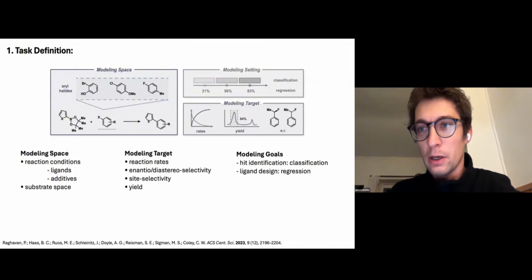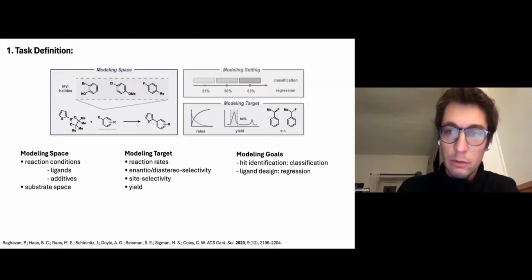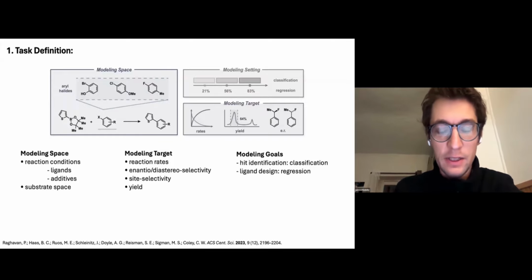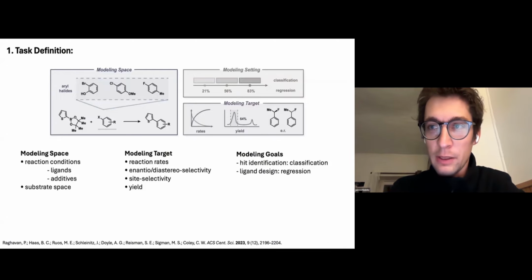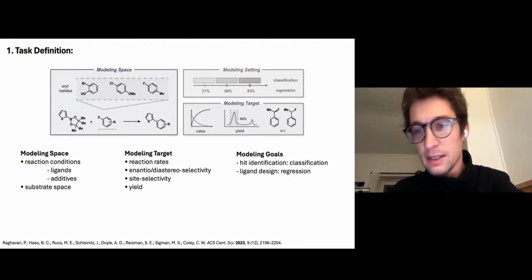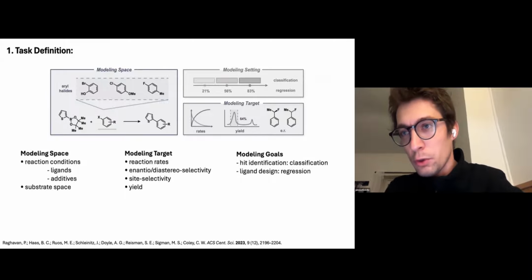So there's a lot of experimental outcomes you can measure, which are reaction rates, selectivities, yield, with the caveat that those different targets can be more or less noisy, and then you have to take that into account when you design your data sets. And then finally, I think you have to think about what is your goal.